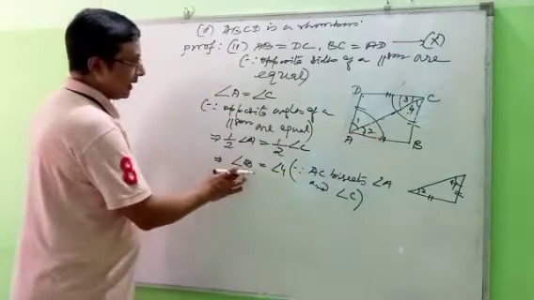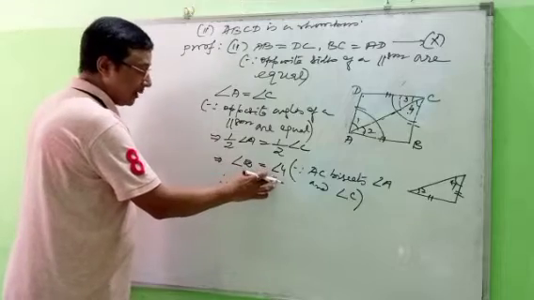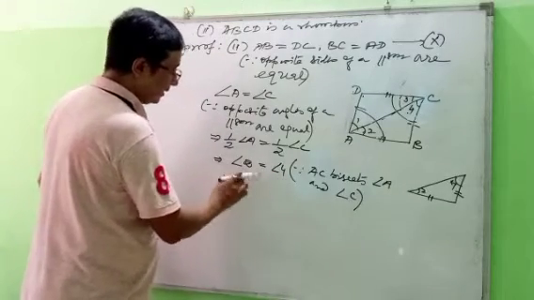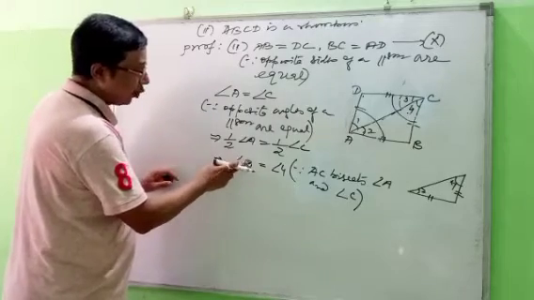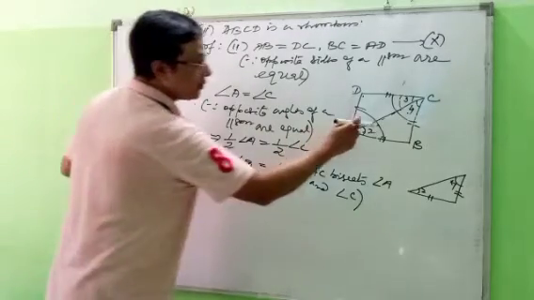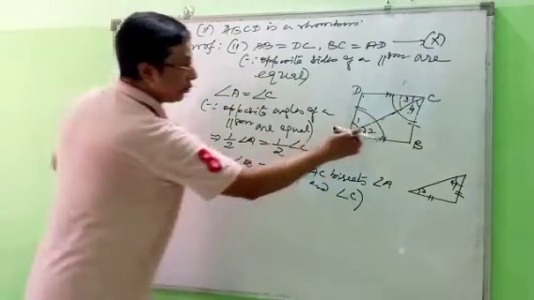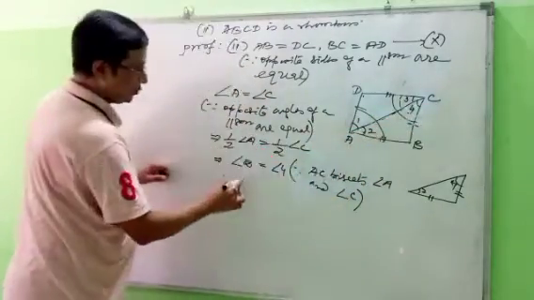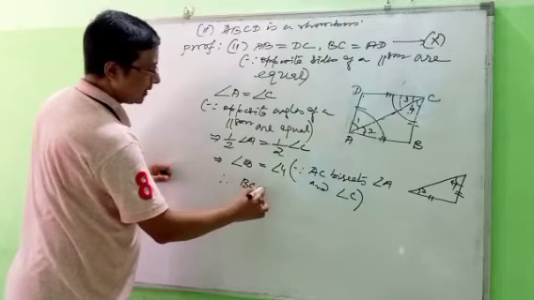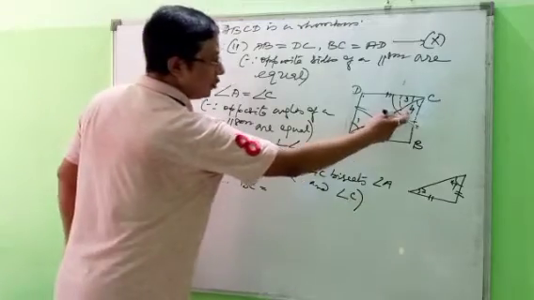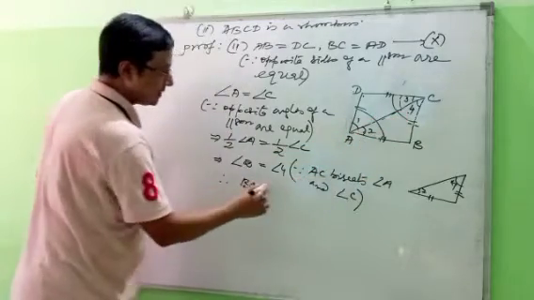So as the opposite angles are equal, the opposite sides are also equal. Now you take the side opposite to angle 2. So the triangle is ABC. The side opposite to angle 2 is BC. So you take here BC equals the side opposite to angle 4, so angle 4, the side is AB.